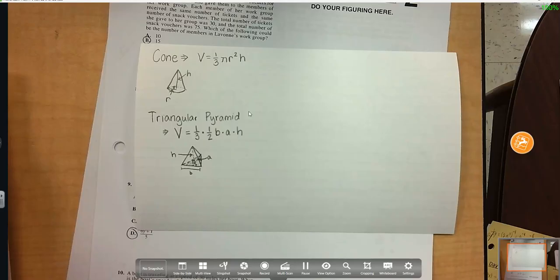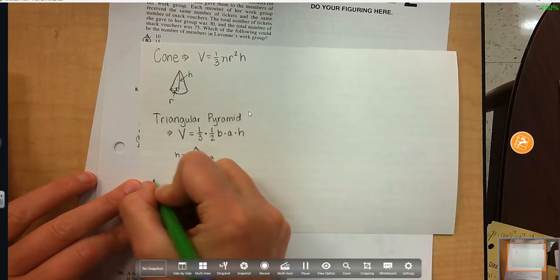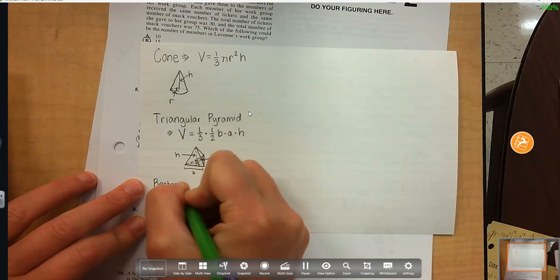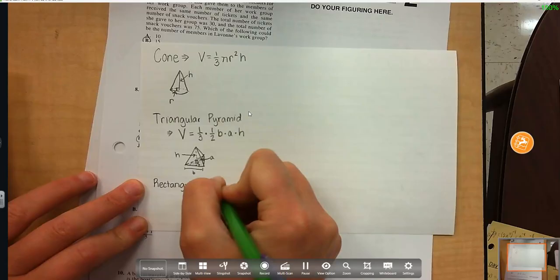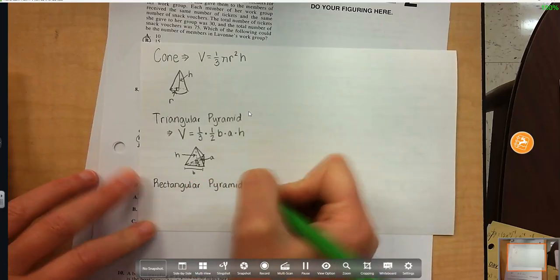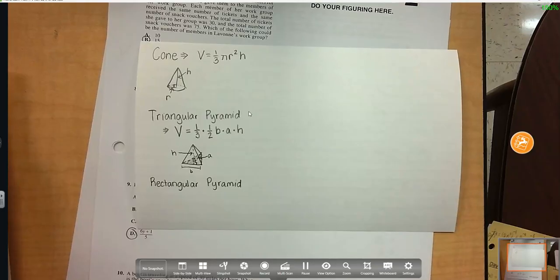Okay. We also need a rectangular pyramid. And this one can also be used if we have a square pyramid, because a square is a type of rectangle.